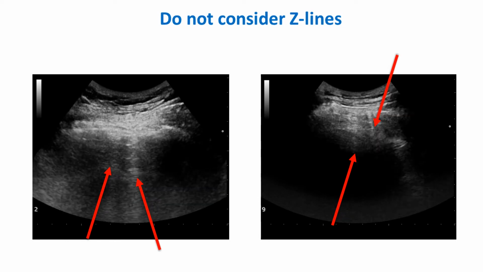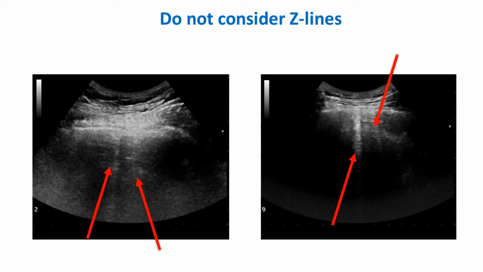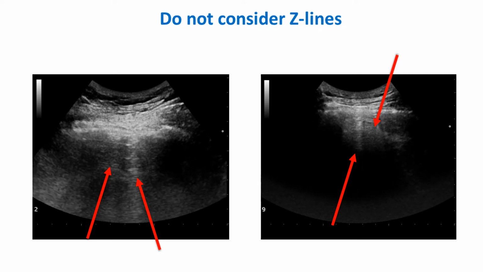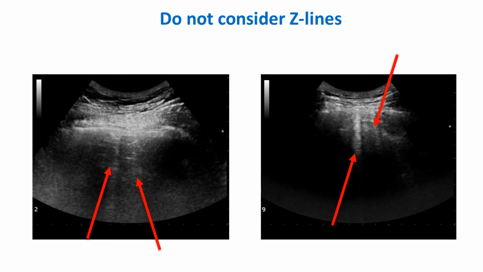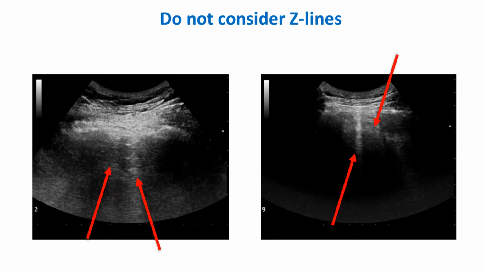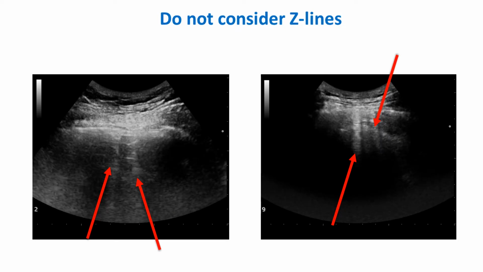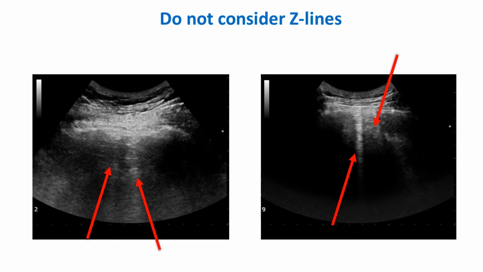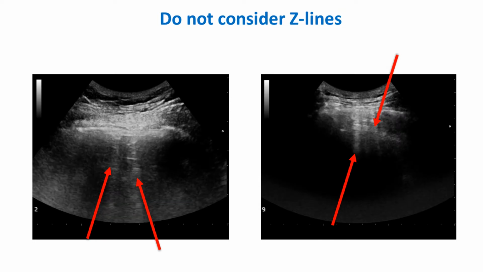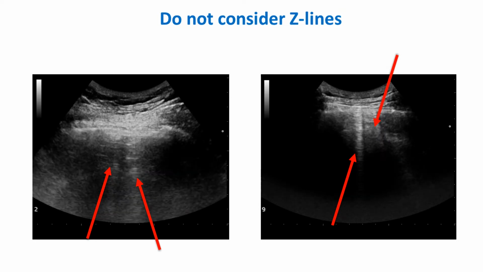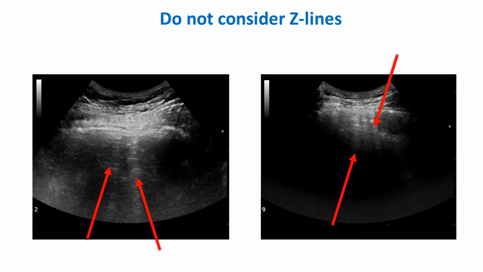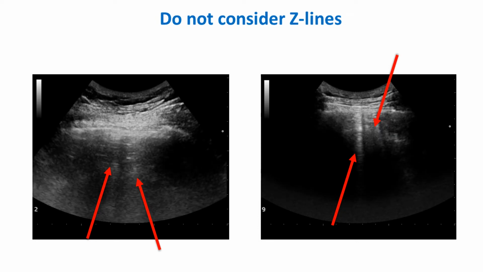Z-lines are also hyperechoic vertical artifacts, but without any specific pathological meaning. Compared to B-lines, Z-lines are less defined, more blurred. They do not clearly move with respiration and do not clearly start from the pleural line.